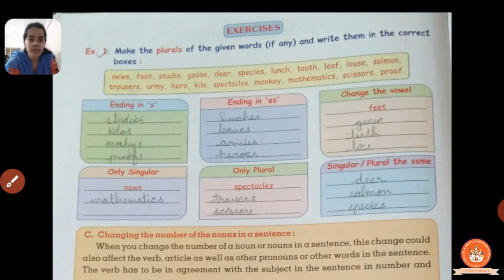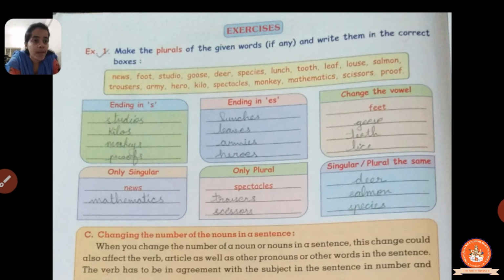So let's see the first one given over here, the nouns which end with s. Like studio, studios, then kilo, kilos, monkey, monkeys, proof, proofs. Then we have the nouns which end with es: lunch, lunches, leaf, leaves. Then army, armies, hero, heroes.